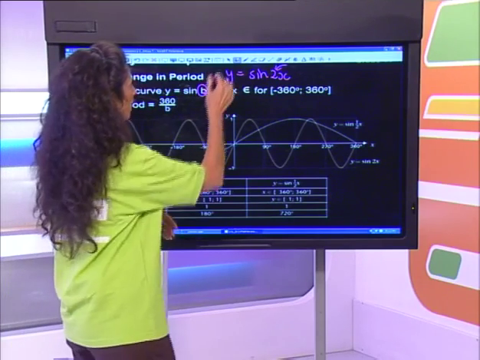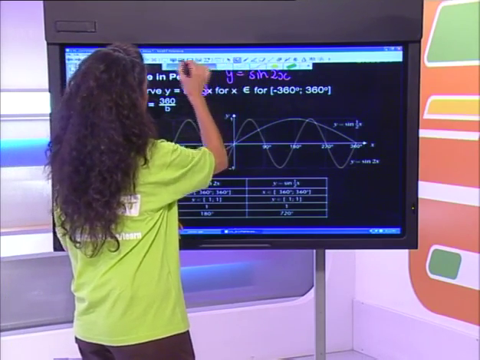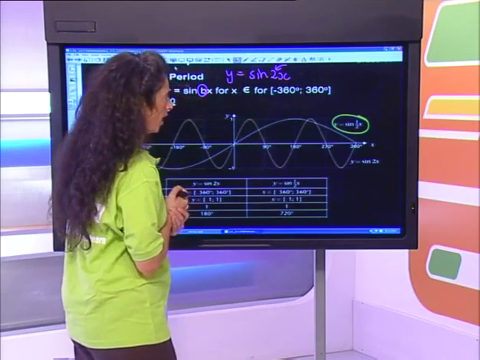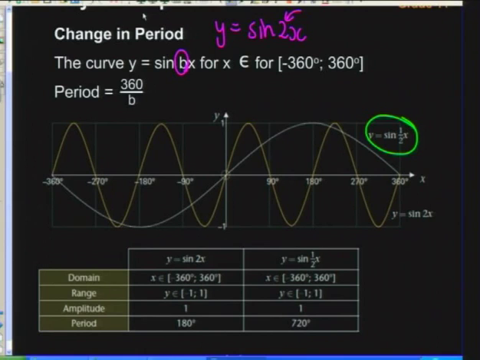So here we have sketched y equals sine a half x, and we are saying that there is now going to be a half a cycle between 0 and 360 degrees, and that's exactly what's happened.